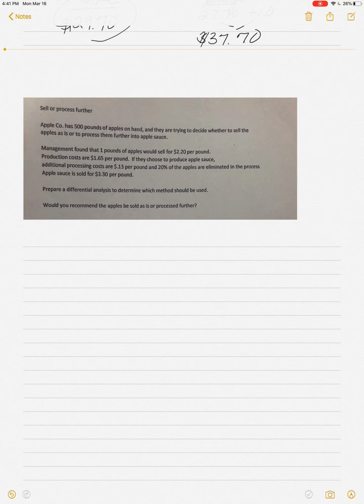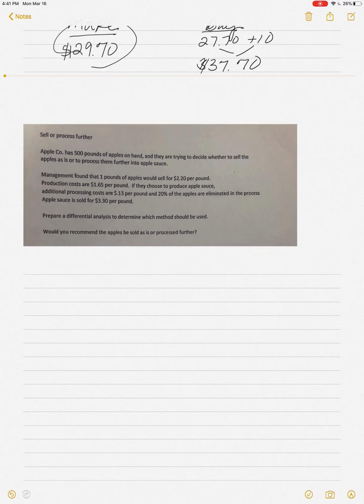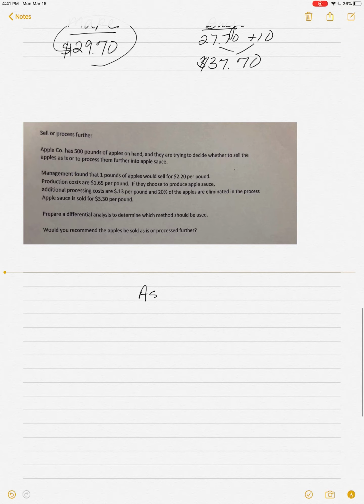Remember, your joint costs are irrelevant to the decision-making process because those are going to get paid whether I pick the apples or whether I make the applesauce. So joint costs are always irrelevant. But let's take a look and compare our little mini income statements if I sell as is, which is the apples, or should I process further?